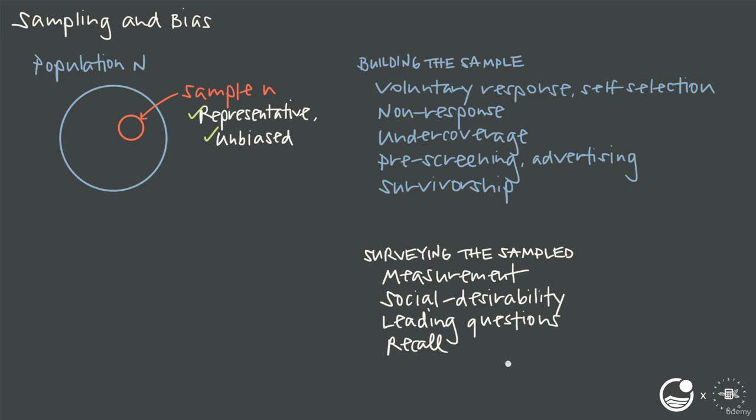That really is impossible. Instead, we want to do everything we can to introduce as little bias as possible, and then at the same time, be as transparent as we can about how we built our sample and how we collected data from that sample, so that everybody looking at and interpreting the data can have as much information as possible about how much we can rely on the data from the sample actually representing the population.